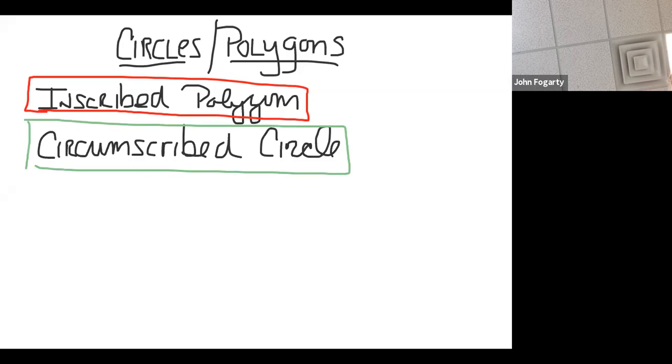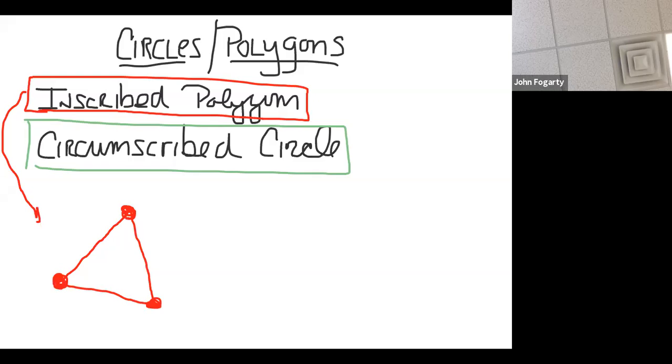So here's what that means, all right? A polygon is inscribed if all of its endpoints, its vertices, are on the circle. So for example, if I draw a triangle, right? There's a vertex, there's a vertex, there's a vertex.